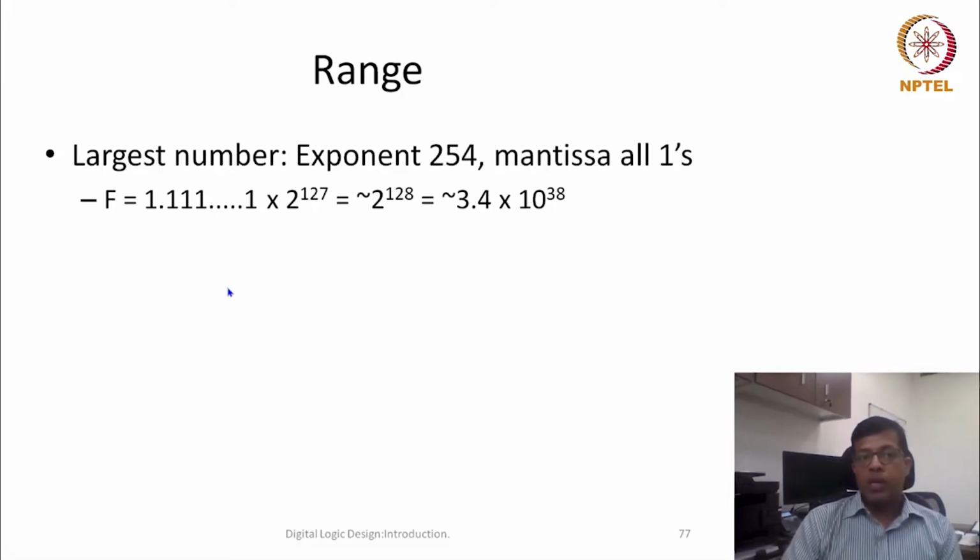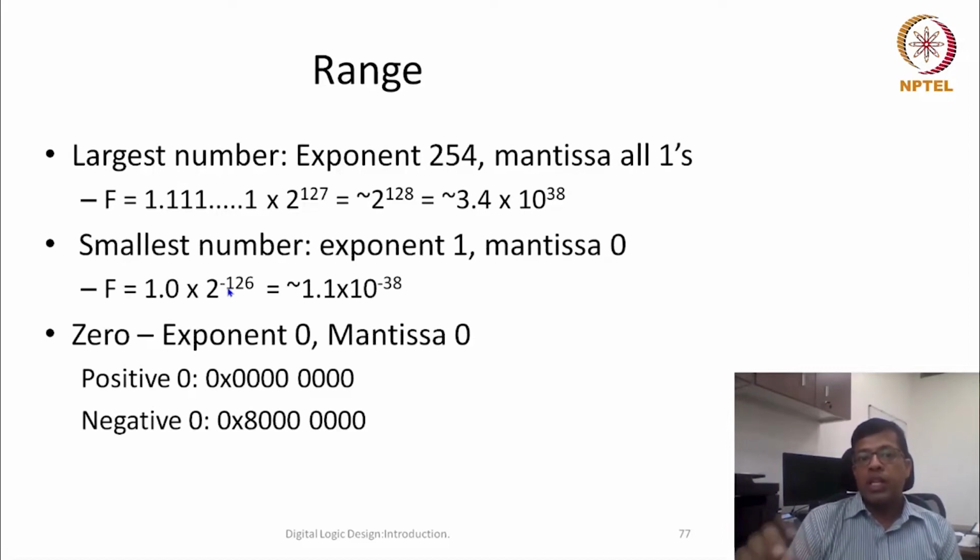What about the smallest number? In the case of the smallest number, my exponent would be 1, so the real exponent will be 1 minus 127, that means minus 126. All of the mantissa bits would be 0, because I am trying to find the minimum number. The number can be represented as 1.0 into 2 to the power minus 126, and this comes to around 1.1 into 10 to the power minus 38.